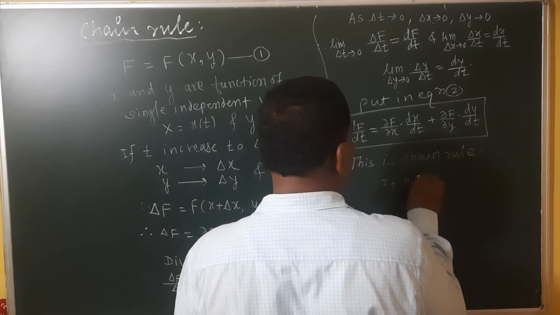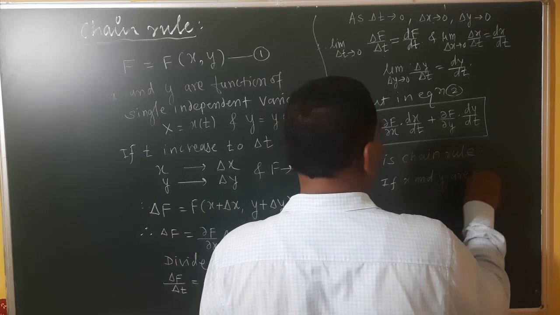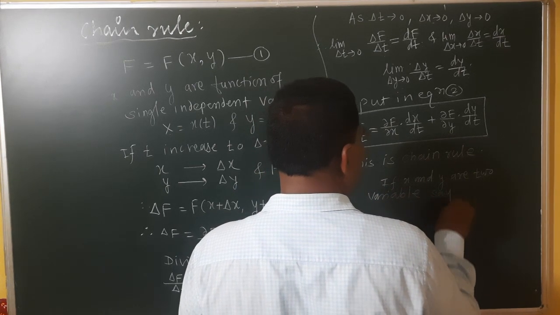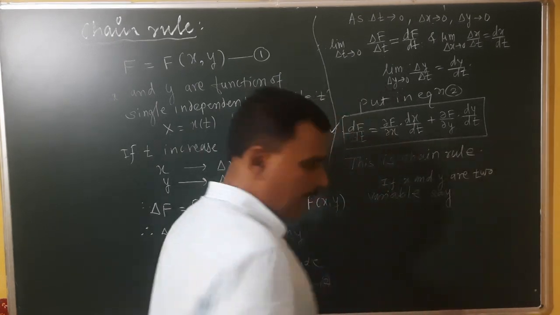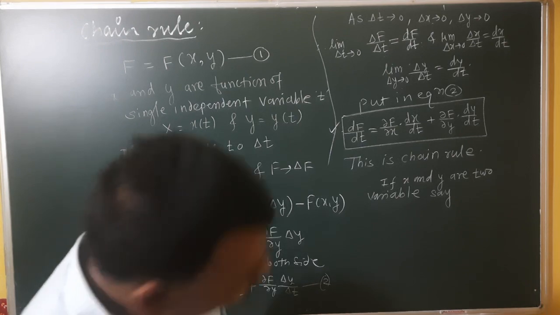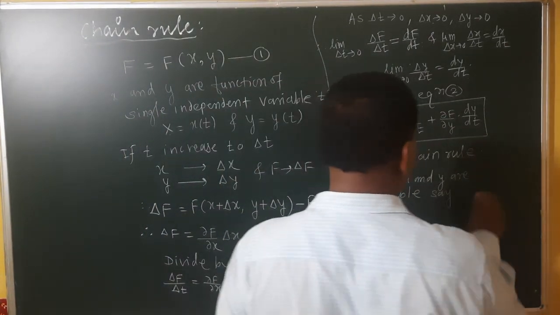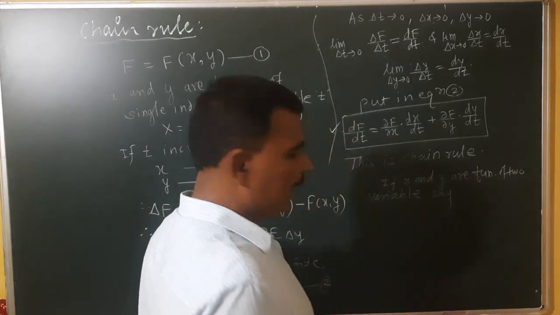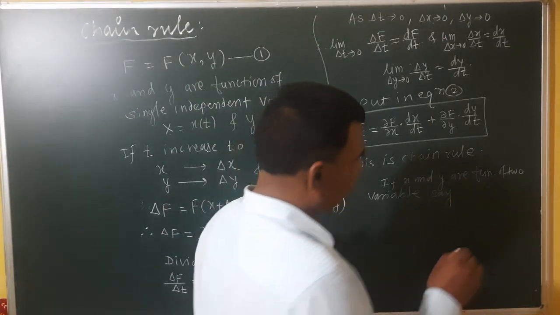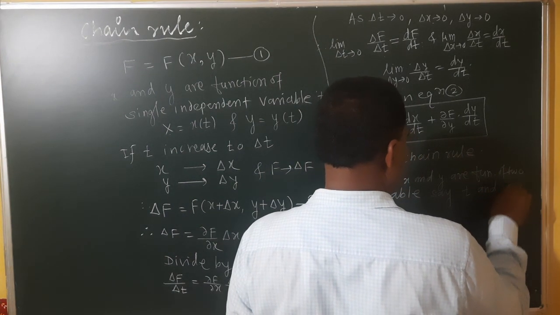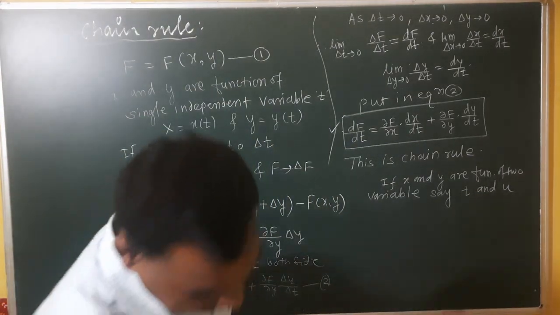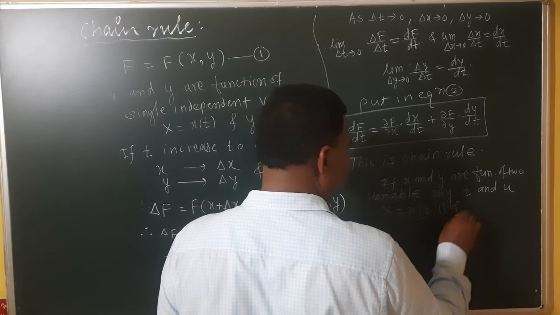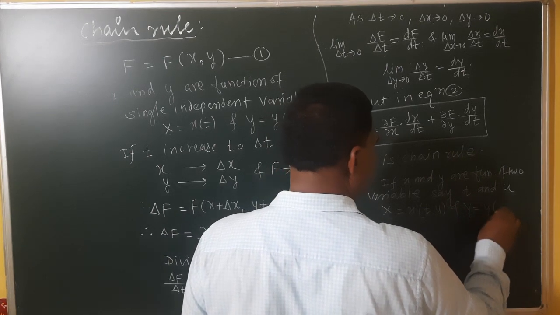Therefore, x is equal to x of (t, u), and y is equal to y of (t, u).